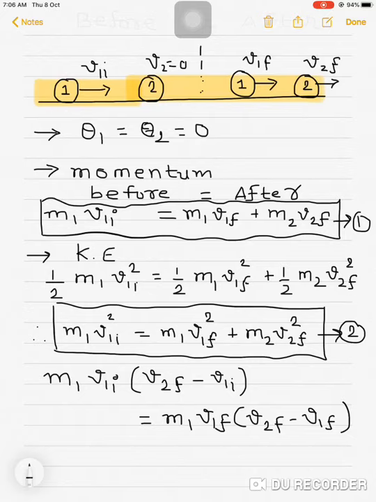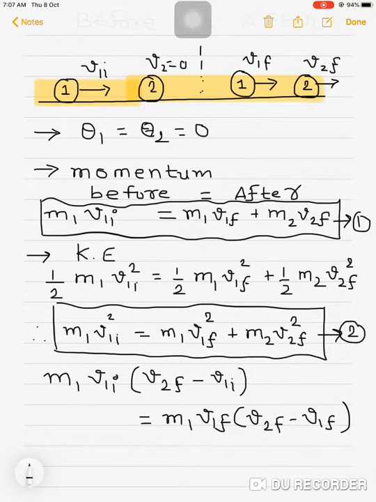Here we can cancel out the m2 part by multiplying equation 1 with v2f and then taking the subtraction between them.